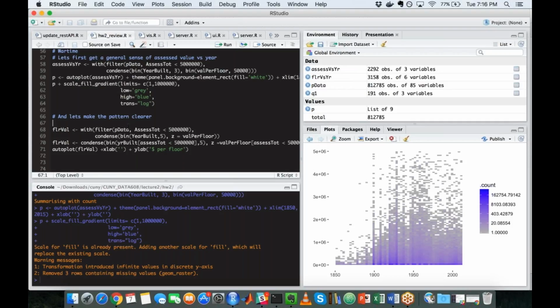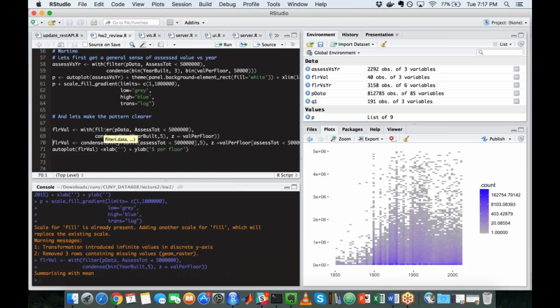So what we could look at is using Big Viz with 2 variables. Rather than binning 2 variables, bin 1 variable by another variable. In this case, we're binning value per floor by year built. We're looking at that in 5-year chunks, and we're going to look at the average value per floor.